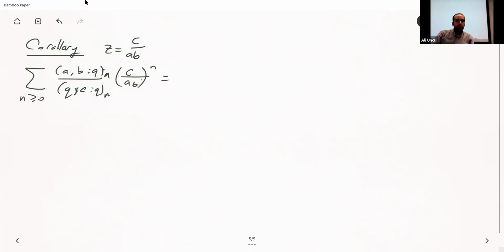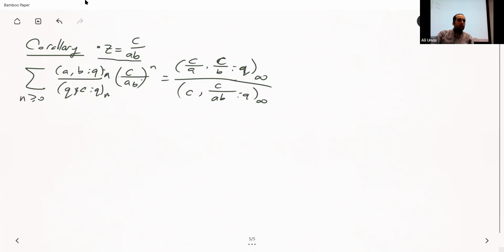You would end up getting this product: C over A, C over B is Q sub infinity, and C over AB is Q sub infinity. No sum side, just the product, if you were to pick that Z to be C over AB in Heine. We can prove it easily, but let's look at a corollary of this corollary first.